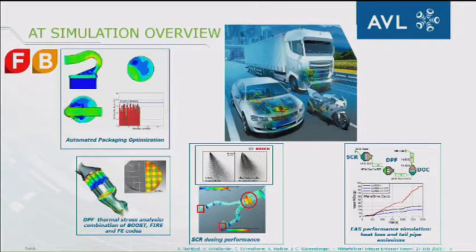So these are some of the possible applications. Of course, these tools are not only available for after-treatment; you can extend them to engine applications and vehicle applications. There are numerous applications which can be done with the simulation tools.